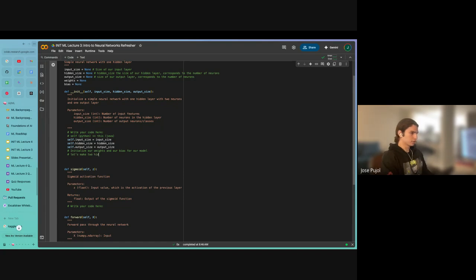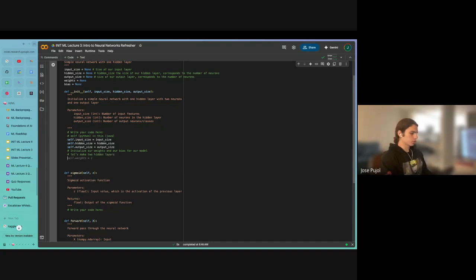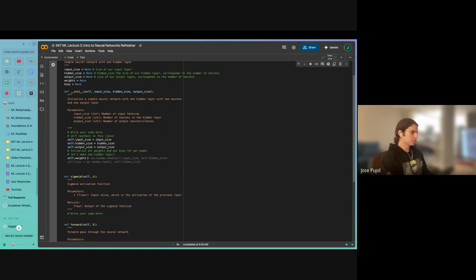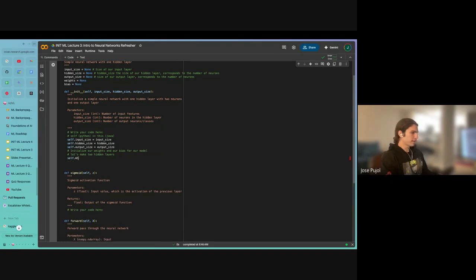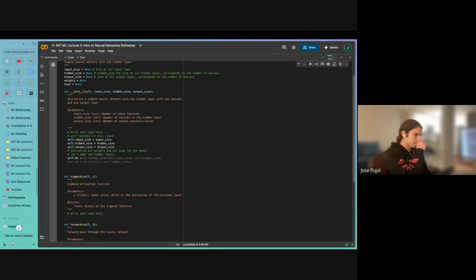Yes, let's make two hidden layers. I'll write the weights of the first hidden layer as self.w1.